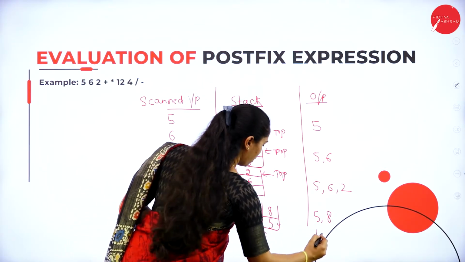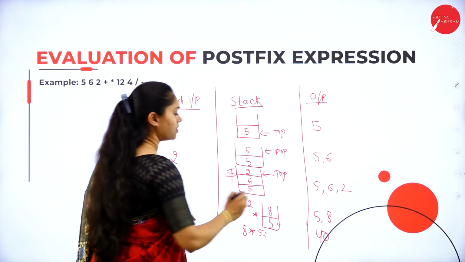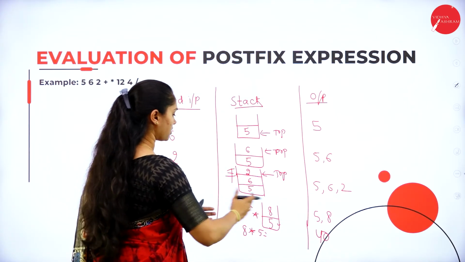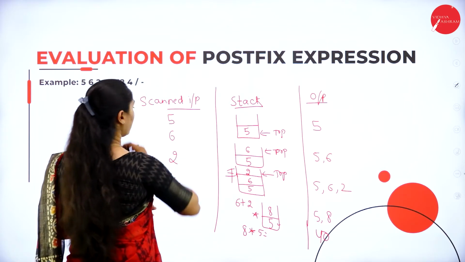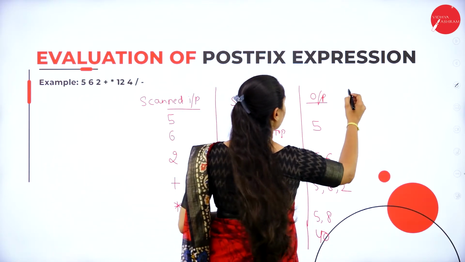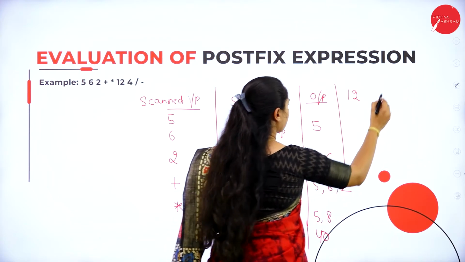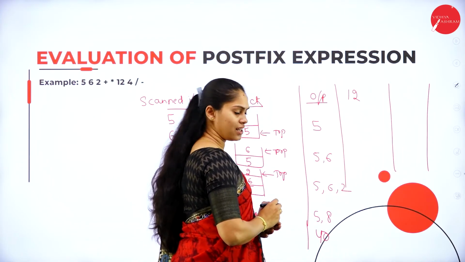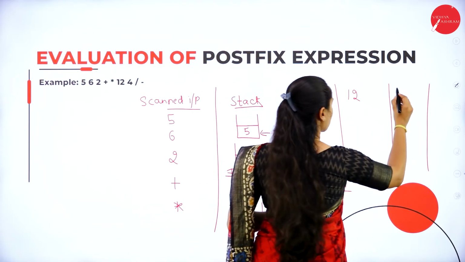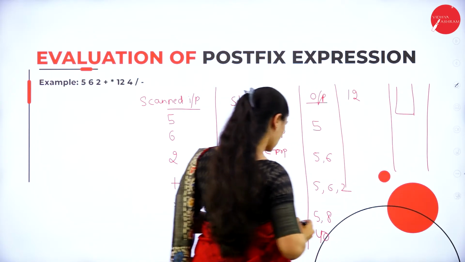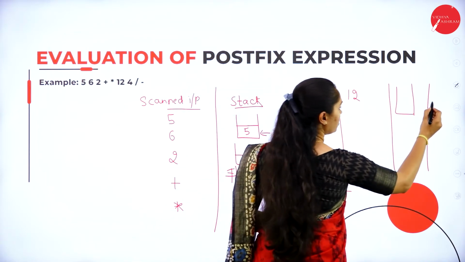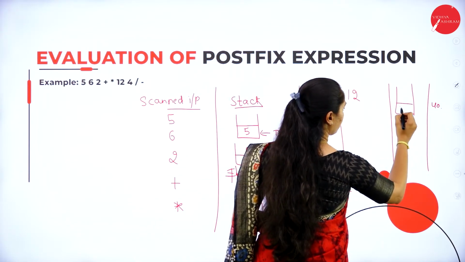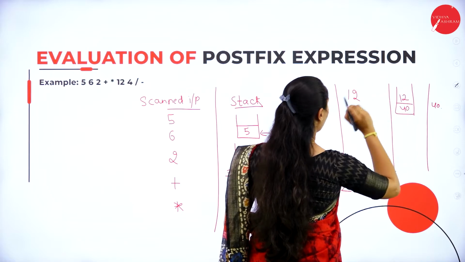Then we got 40. 40 will be in the output. Next, we have a 12 here. When I find this 12, 12 is an operand, so it needs to be in the stack. As of now, what I have in the output is 40. So 40 is there. Now I found 12.